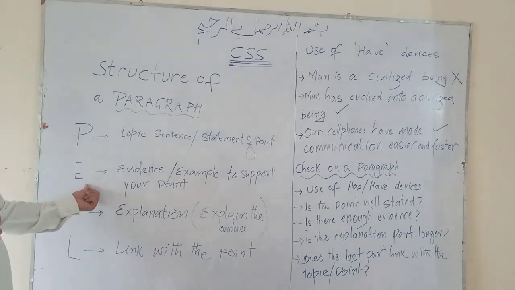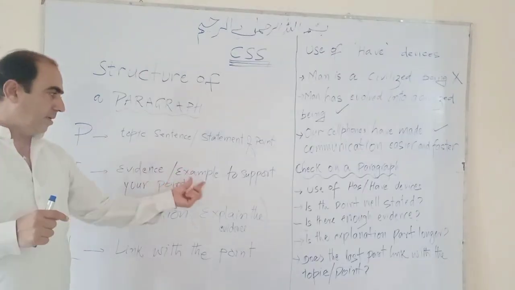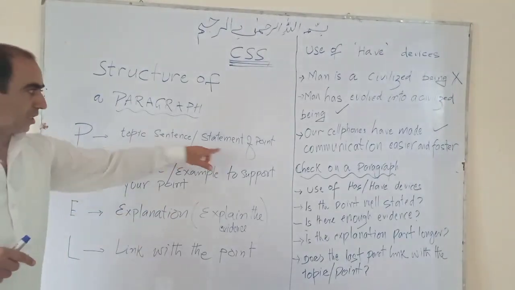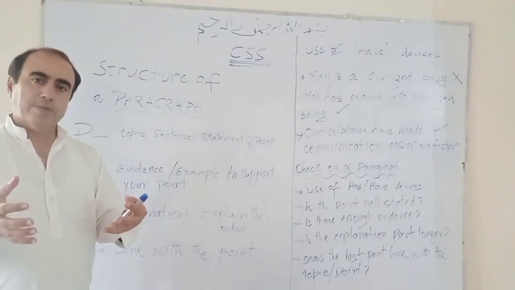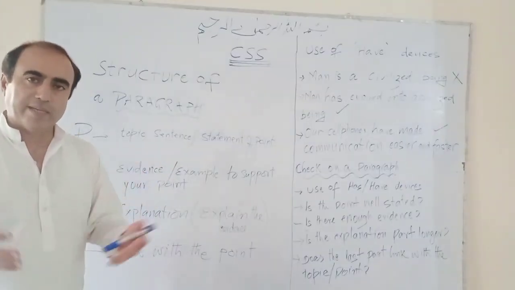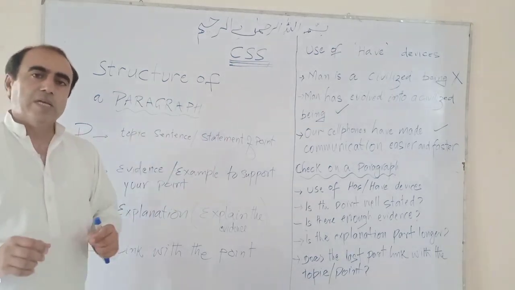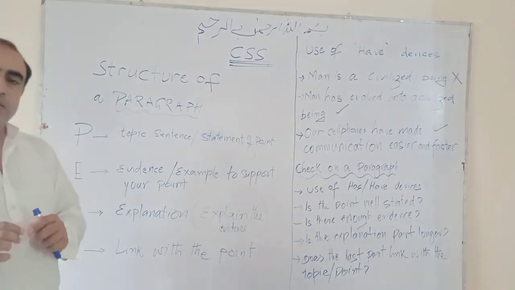Then there is E, and this E stands for evidence, examples to support your statement of the point. Whatever point you have taken up, whatever stance you have taken, when you state an idea, then you are asked for evidence. Do you have any evidence?